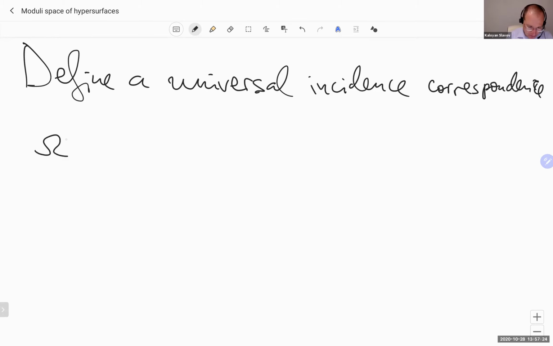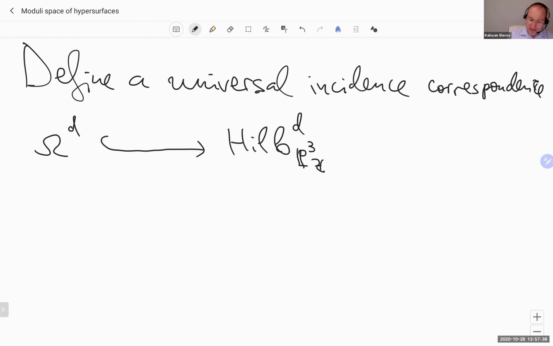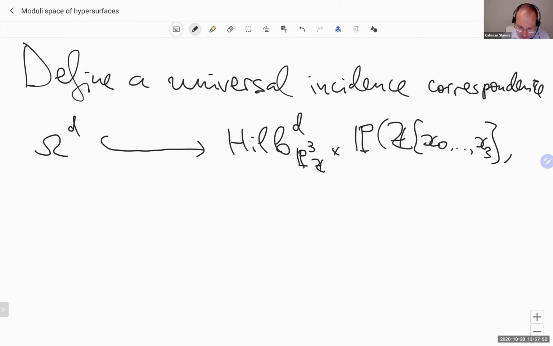Namely, we can define an incidence correspondence inside Hilb D, the Hilbert scheme, now no longer the restricted Hilbert scheme, because I'm taking the Hilbert scheme of P^3 over Z, and then times the projective space P over Z of x0 until x3 homogeneous degree L. Not working over the algebraically closed field K, but working over Z. You can still define an incidence correspondence.